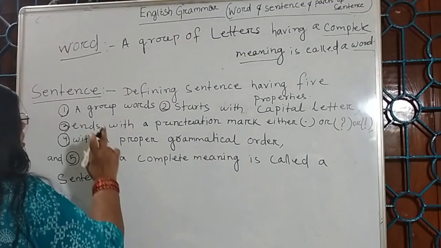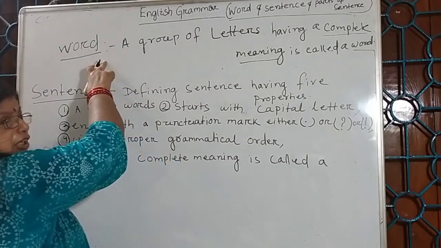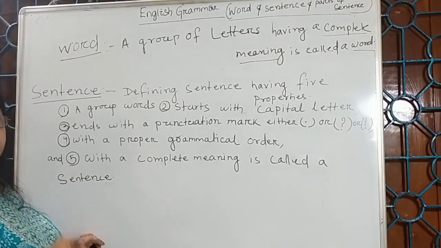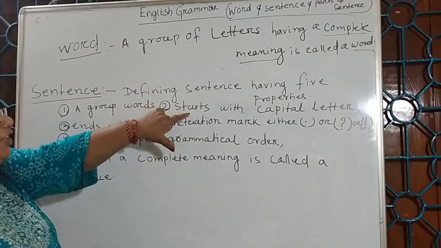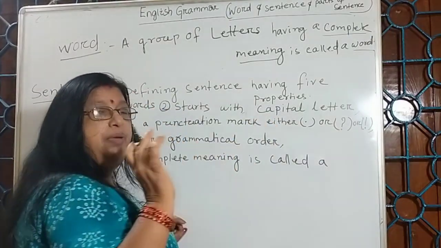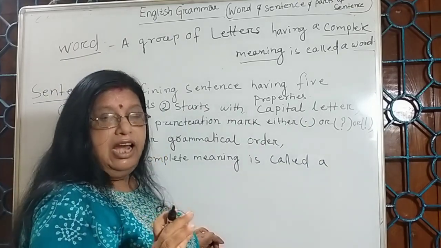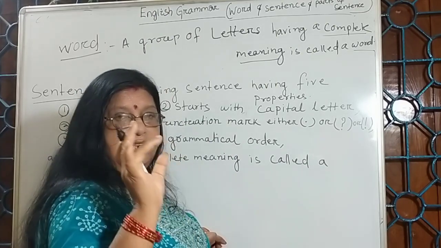So, a group of words. We came to know the words are a meaningful group of letters. A group of words starts with a capital letter. To make one sentence, the first letter of the first word must be a capital letter.